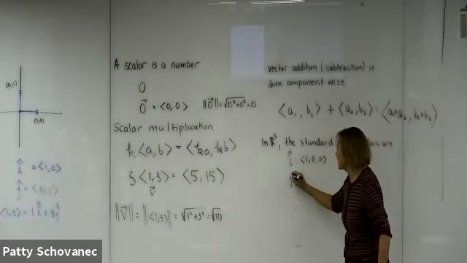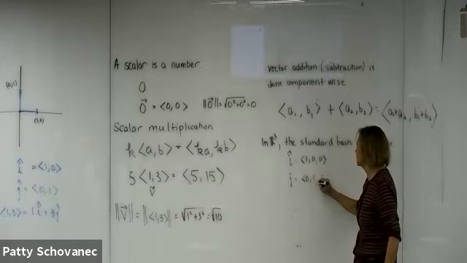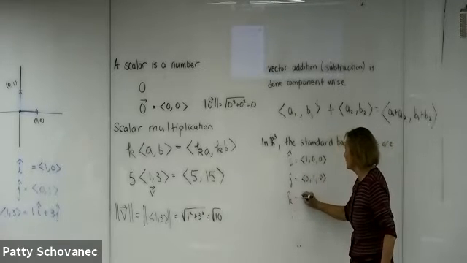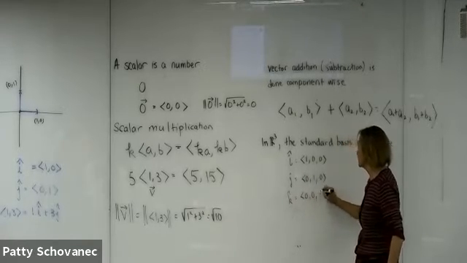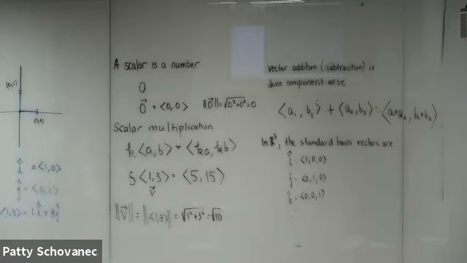The vector J has the 1 in the middle slot, zeros elsewhere. And the vector K has the 1 in the third slot, zeros elsewhere. And the idea is every vector in 3 dimensions is a linear combination of those 3.